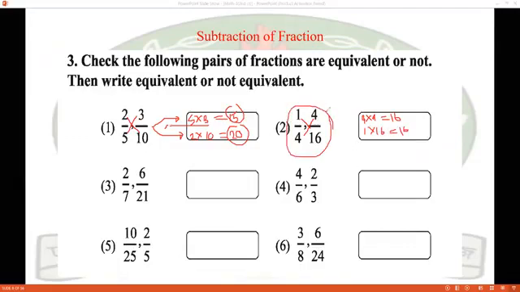In number 3, multiplying crosswise, we write 6 into 7. Multiplying 6 into 7, we get 42. Multiplying 2 into 21, we also get 42. So they are equivalent fractions.